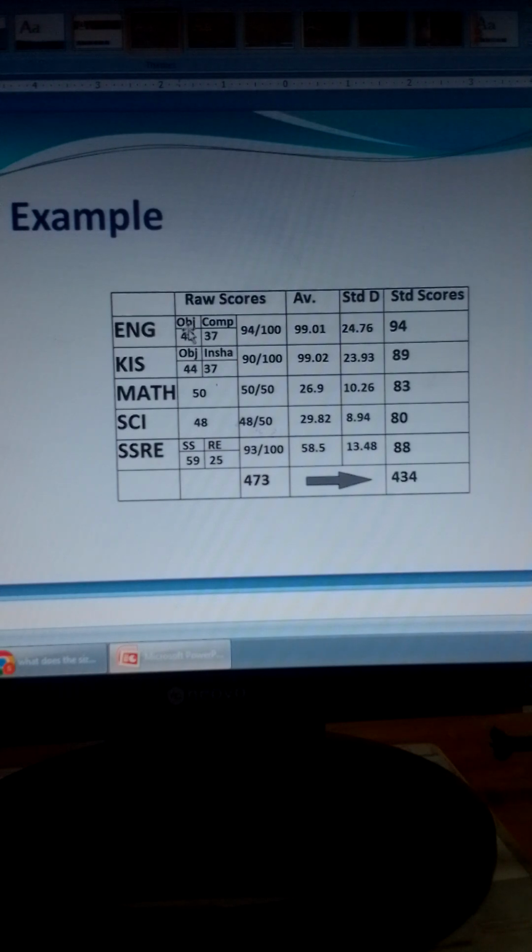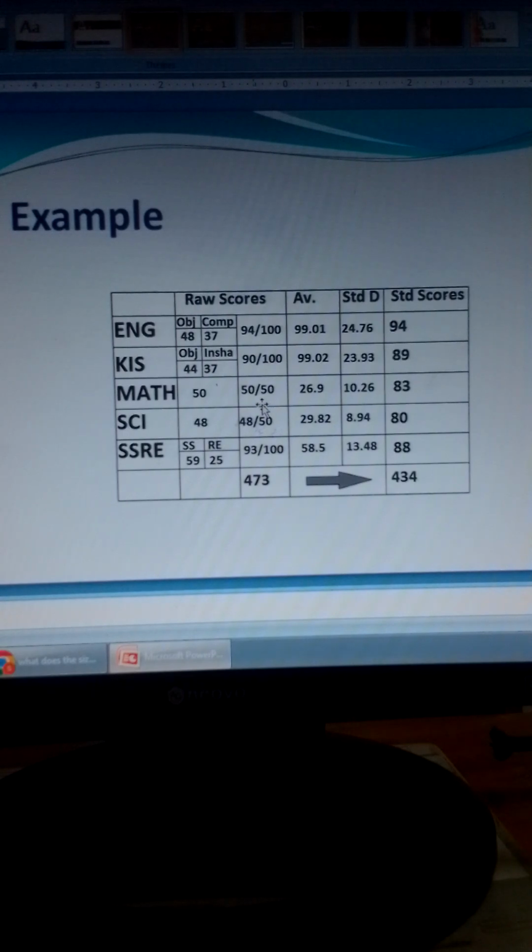When you combine objective and composition, he got 94%. And the national average was 99.01% with a standard deviation of 24.76. Similarly, in Kiswahili, he scored 90 out of 100 as the raw score.